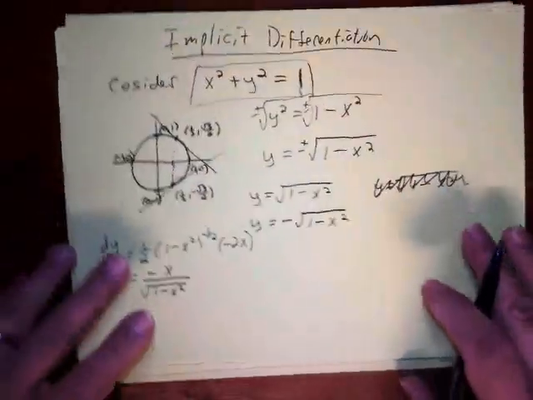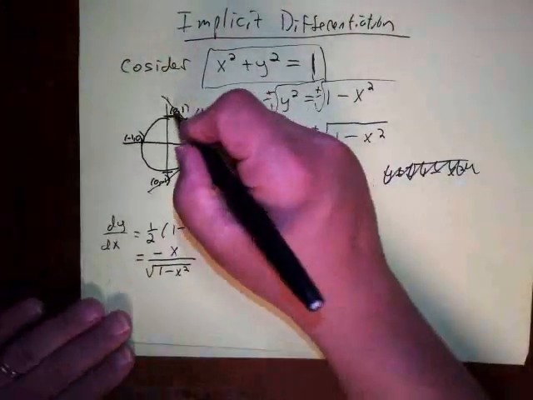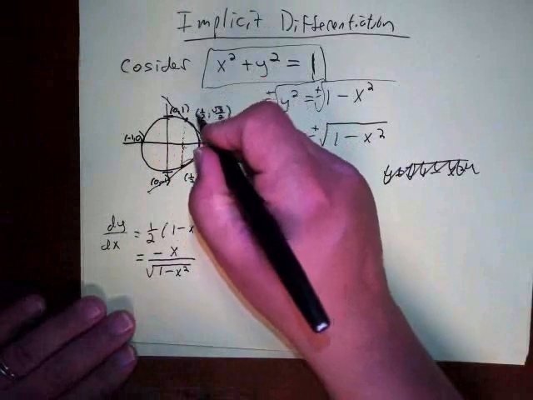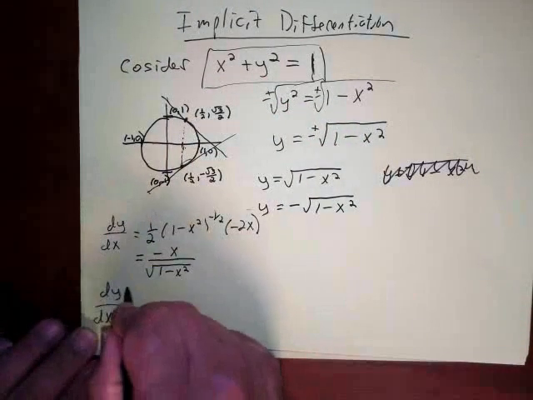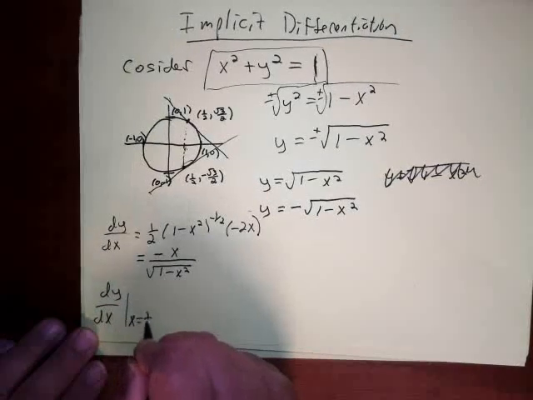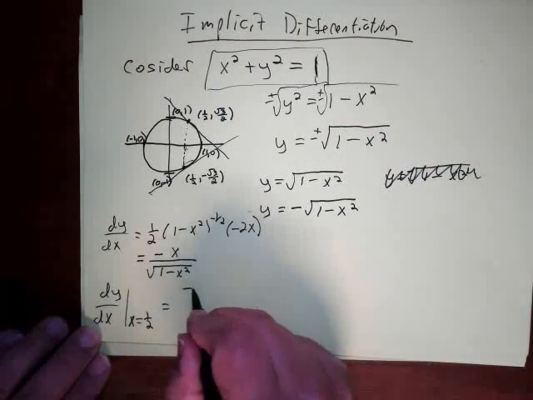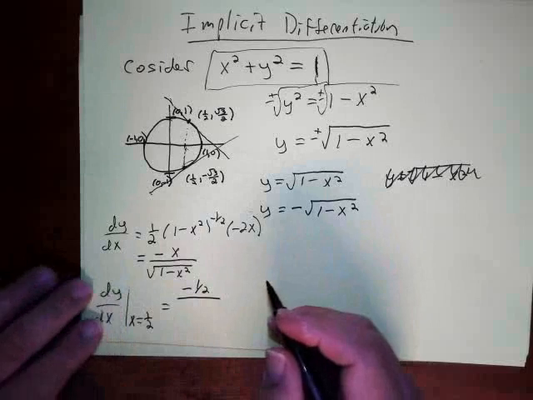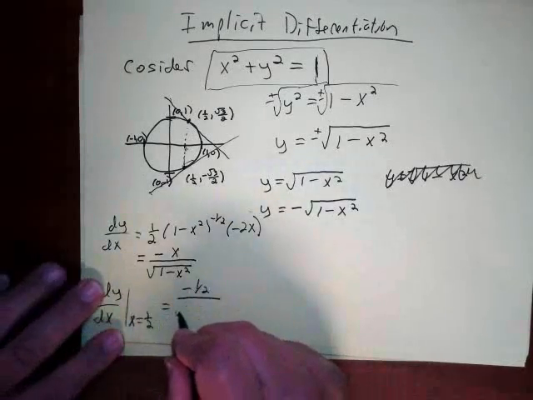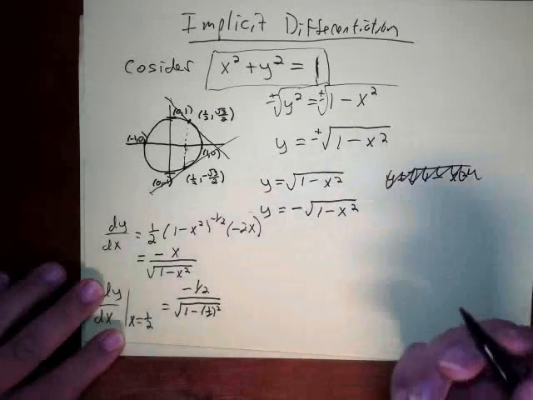So I would get that. And now if I want to find the derivative here, or the slope of the tangent line at this point, then I'm going to plug in 1/2 into this derivative. So I would have dy dx when x is equal to 1/2. And so now I can plug in 1/2 here. I'd get the opposite of 1/2 divided by the square root of 1 minus 1/2 quantity squared.